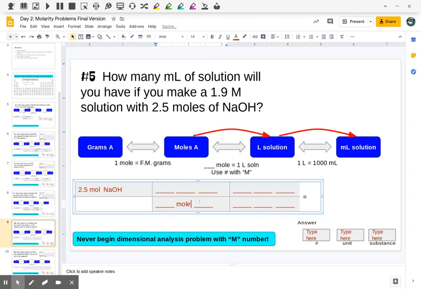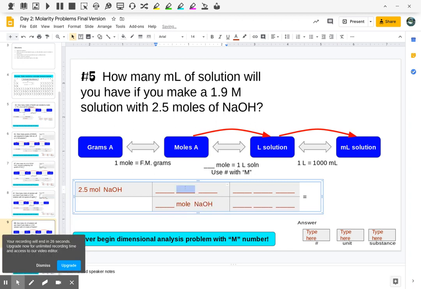The moles of NaOH cancel. We're converting to liters of NaOH. This is going to come from our capital M number. I will tell you that 1 is going to go with liter. Liter is going to cancel. Oh, and you're actually going to put solution here.